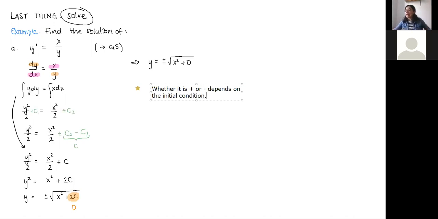So we say, if my initial condition tells me that the y coordinate is going to be positive, then that means that my actual solution is the positive root, whereas if my initial condition gives me a negative value, then that means that y is going to be given by the negative root of x squared plus d. And the value of d, of course, is also determined by the initial condition. Right?